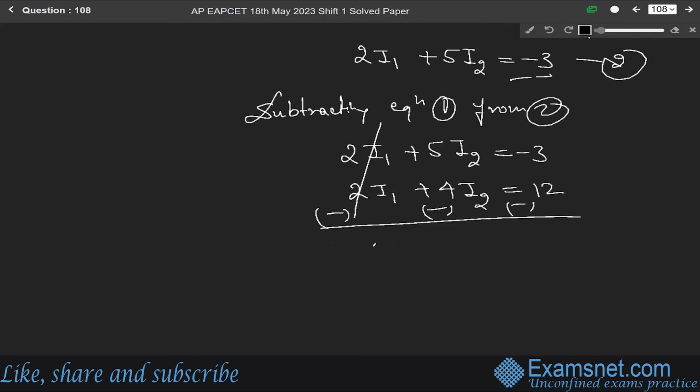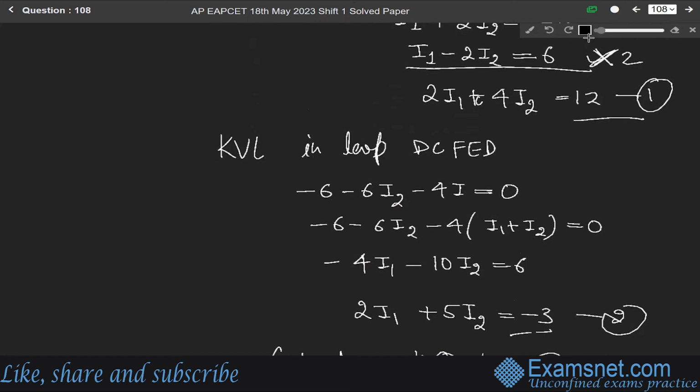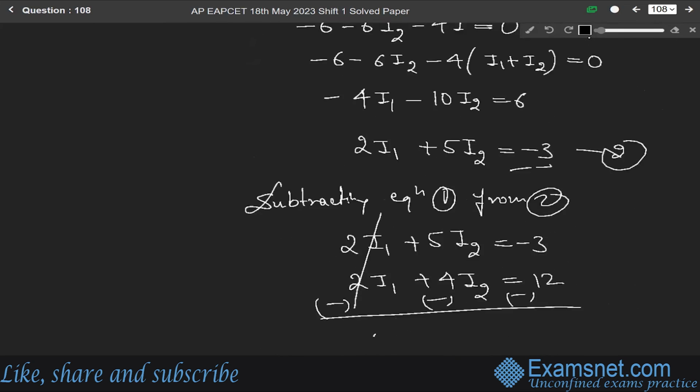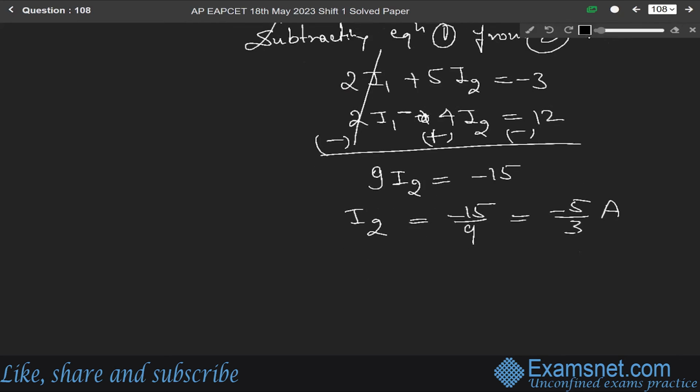Sorry, this is minus 4I2, so this minus will become plus. So 5 plus 4, 9I2 will be equal to minus 15. So I2 will be equal to minus 15 over 9, which is minus 5 over 3 ampere. So I2 comes out to be minus 5 by 3 ampere.